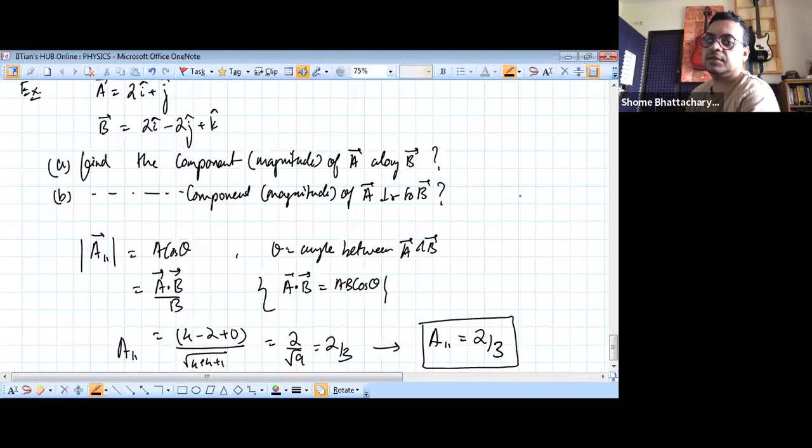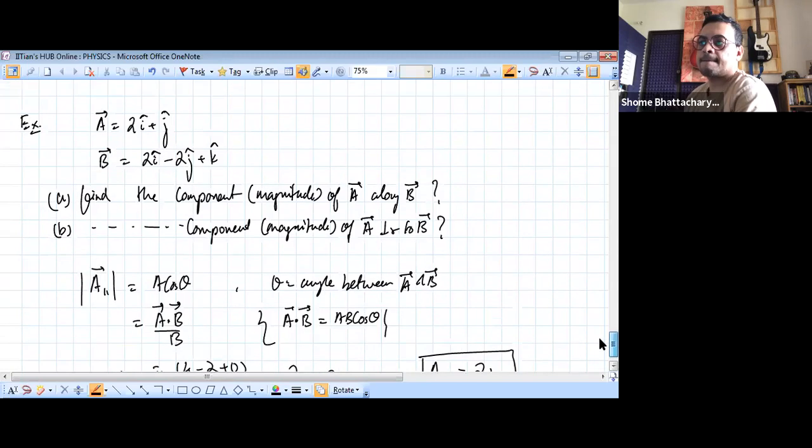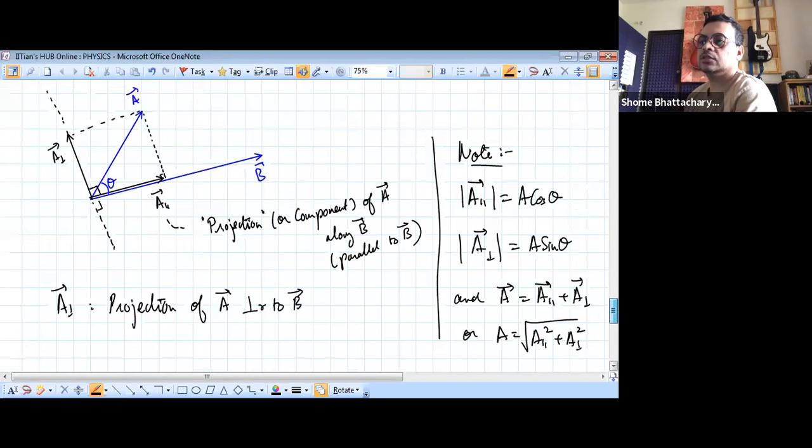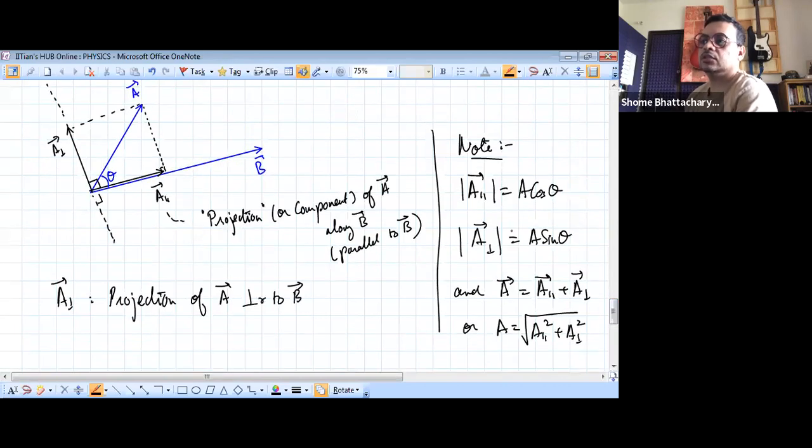Yeah, I'll explain what I've written in the note part. So coming back to this, see what we've written down over here in the note part is the magnitude of the parallel component.